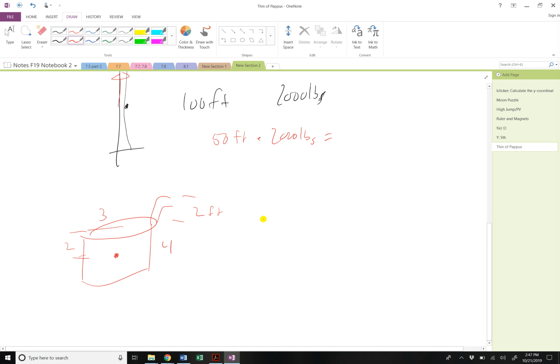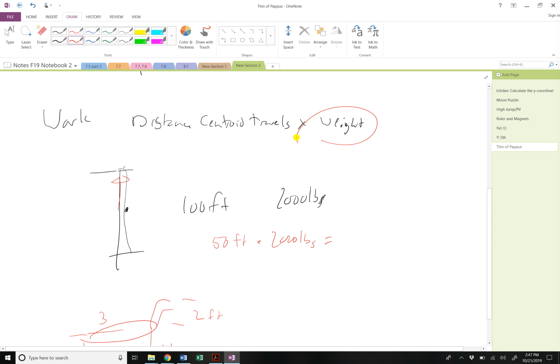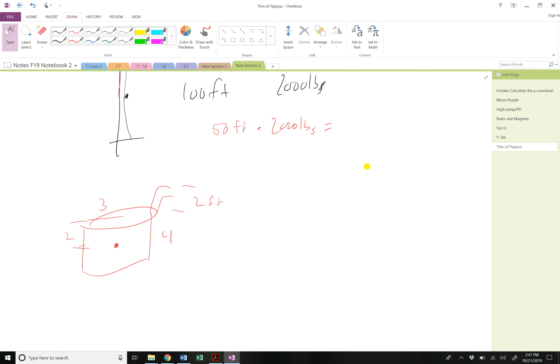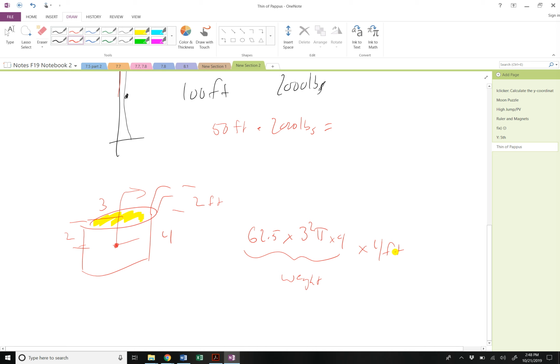So we need to find the weight, which if this is water would be 62.5 times the volume. And the volume will be 3 squared pi, that's the area of the top, times the height, which is 4. So this much will be the weight. And how far does the centroid travel if I pump it all the way up? 4 feet.